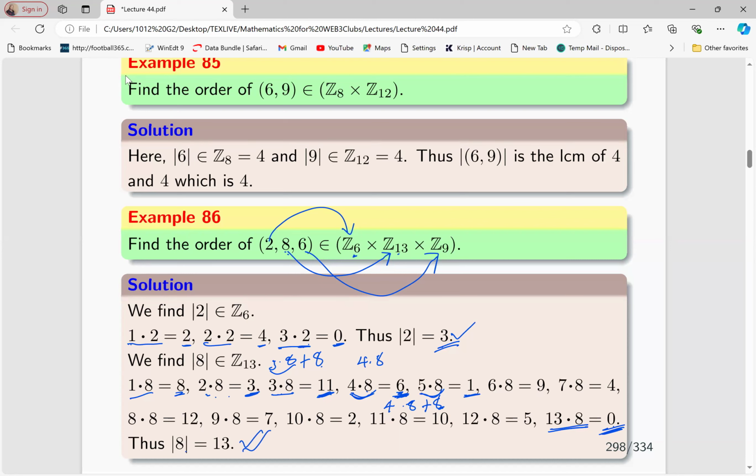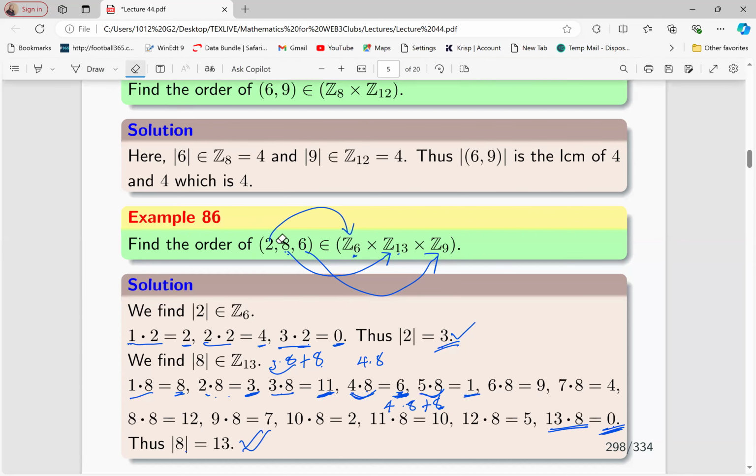And you see, this one, there was no reason to work out 8 mod 13, because of something we already talked about: when the element A and N are relatively prime, then the order of A will be the same as the order of the group.